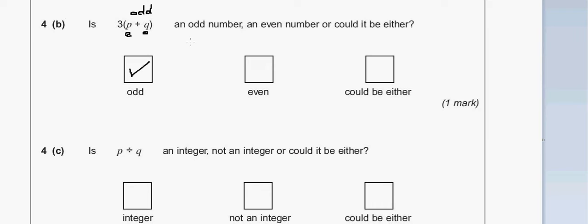But even with 1, if we said 6 plus 1, that would still produce an odd number. Okay, but if I multiply 3 multiplied by 1, I would get an odd number. If I had 3 multiplied by 2, I would get an even number. Okay, but under these circumstances, we would get an odd number.